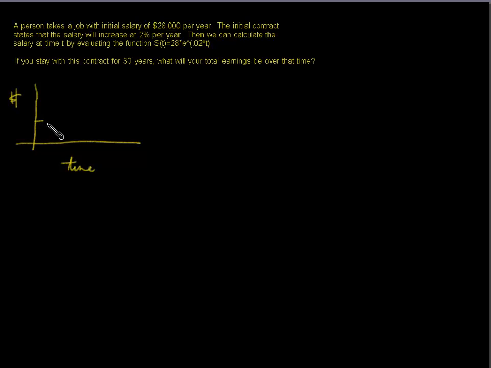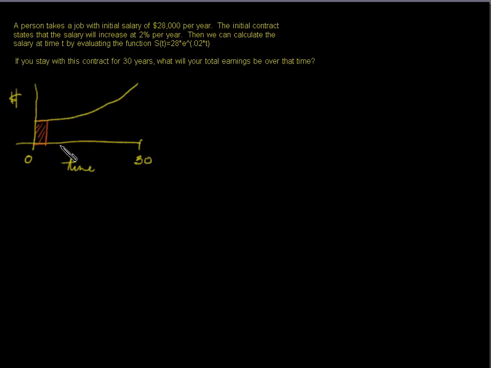Now the salary function would look something like this as we get out toward 30 years, starting at 0 years. And you can see that if this was, don't hold me to a scale here, a period of 1 year, this is how much we'd be making. And so what we'd earn in 1 year would have been the width times the height, or this area.